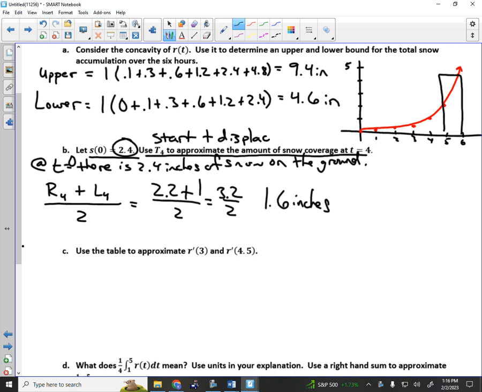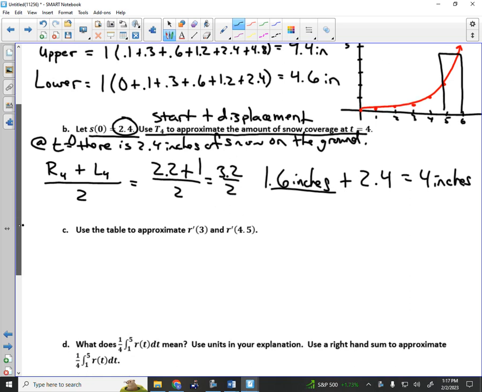We take our start, which is 2.4, and then we have a displacement of 1.6 more. So 1.6 plus 2.4 is 4 inches. There's 4 inches on the ground at that point, approximately, because at S0 there's 2.4 inches. So pretty much, what we just did was the trapezoidal sum.